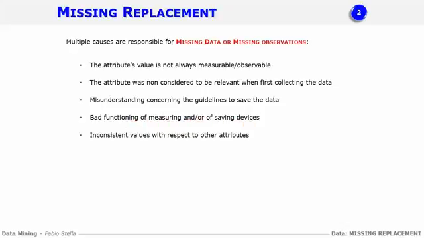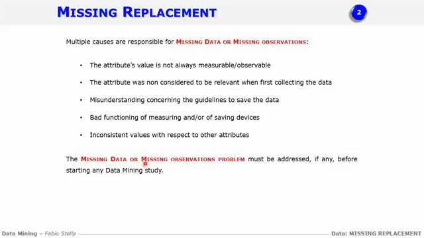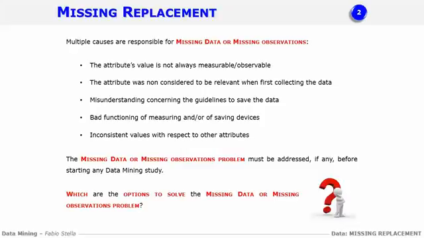Or finally, an inconsistent set of values is obtained with respect to other attributes. The missing data problem must be addressed, if any, before starting any data mining study. But at this stage we are left with the following question. What are the options to solve the missing data or missing observations problem?